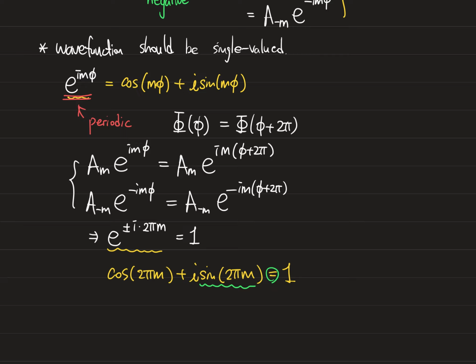The only way to remove the imaginary part is for the sine term to be 0. And how do we make the sine term 0 with the variable m? We can just take integer values, like 0, plus minus 1, plus minus 2, etc.